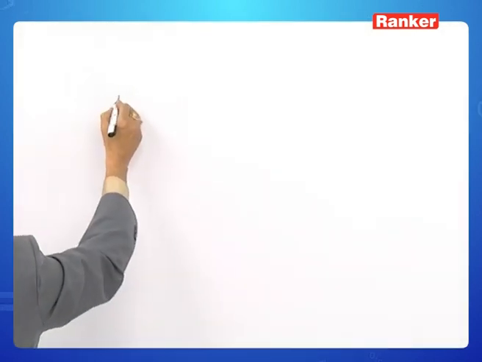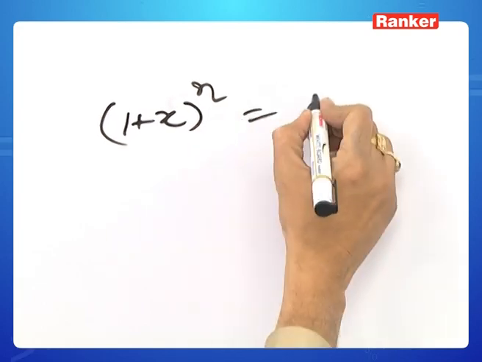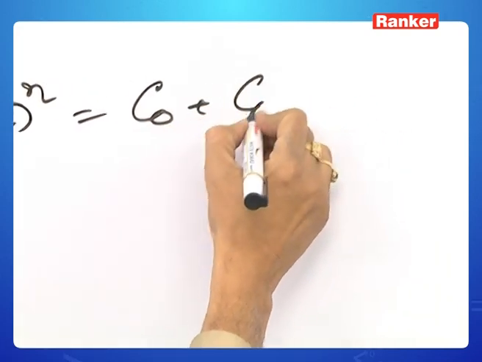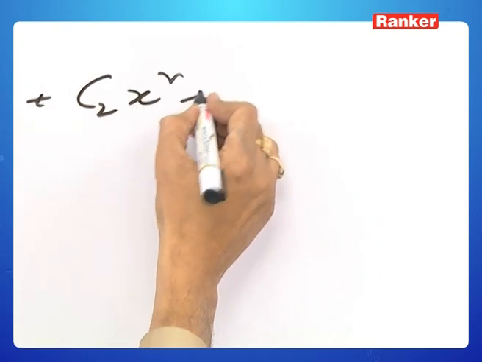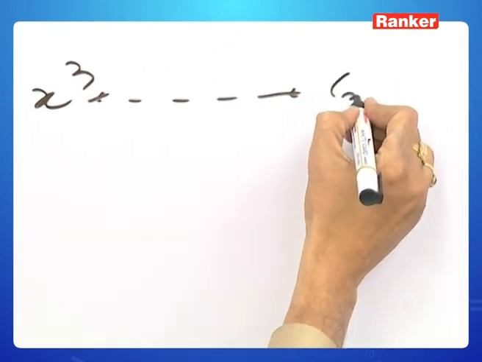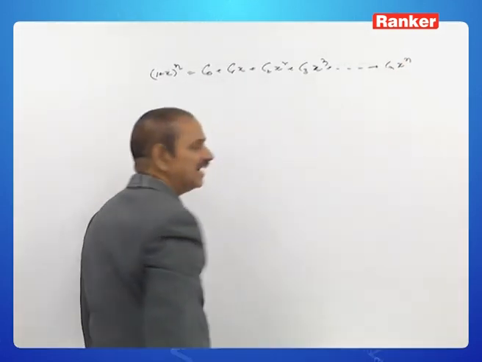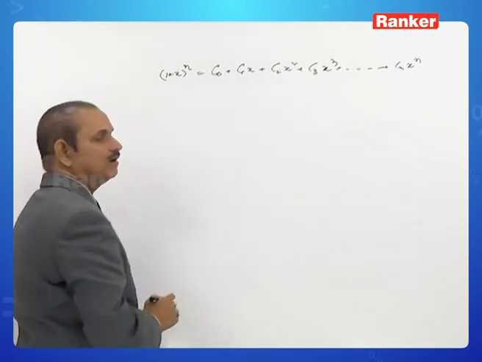Look here. We know that (1 plus x) whole to the power of n is equal to C0 plus C1x plus C2x square plus C3x cube and so on up to Cn x power n. Differentiate with respect to x on both the sides.